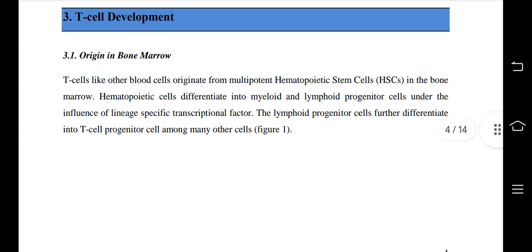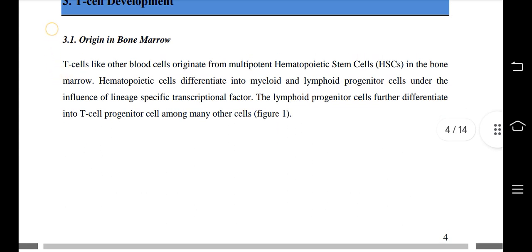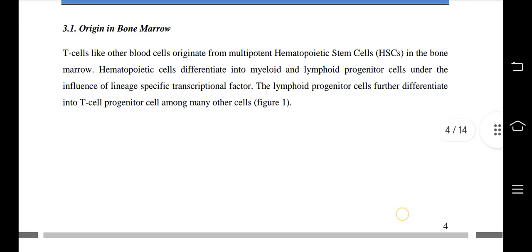Then, T cell development: origin in bone marrow. T cells, like other blood cells, originate from multipotent hematopoietic stem cells in the bone marrow. Hematopoietic cells differentiate into myeloid and lymphoid progenitor cells under the influence of lineage-specific transcription factors. The lymphoid progenitor cells further differentiate into T cell progenitor cells among many other cells.